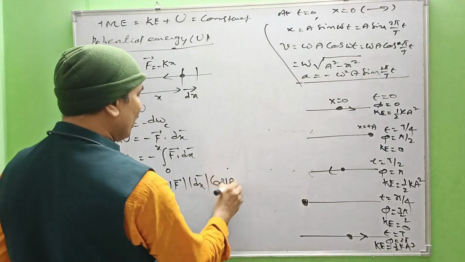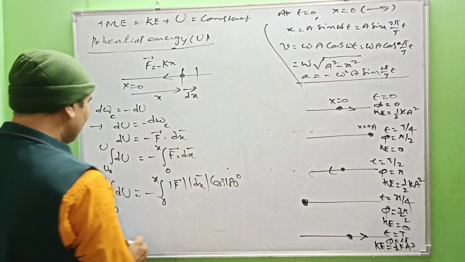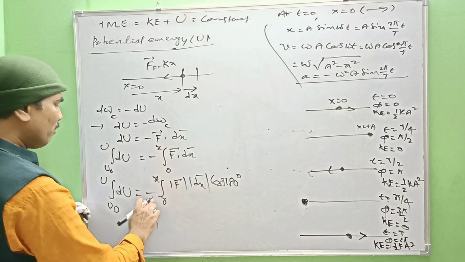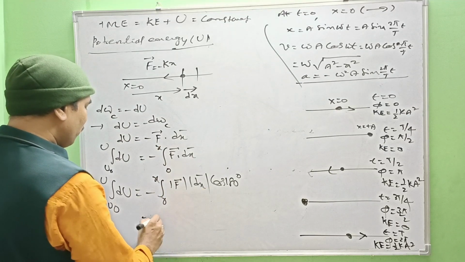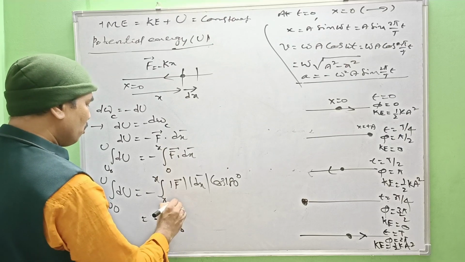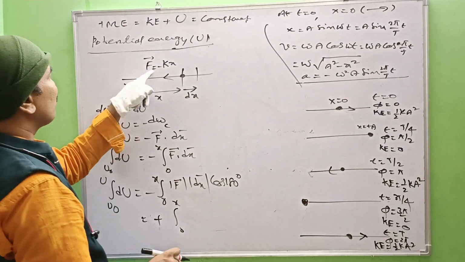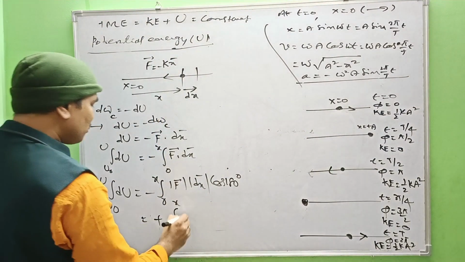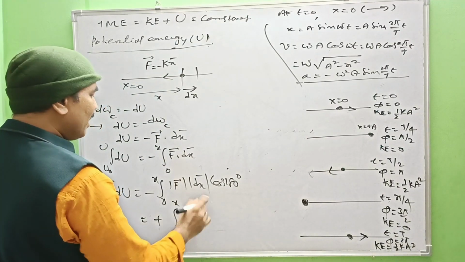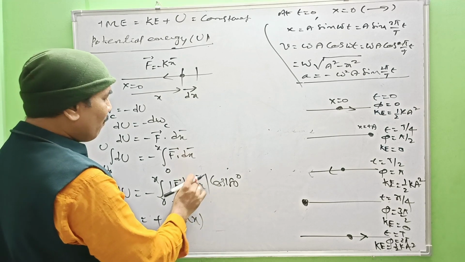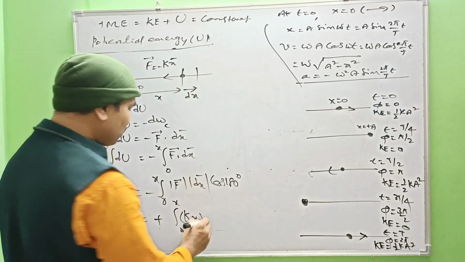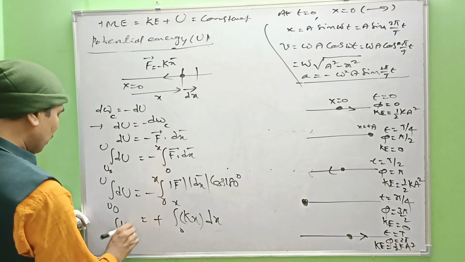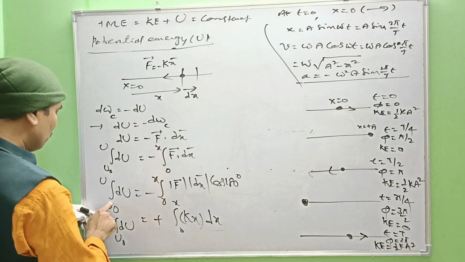That's why 180 degrees, cos 180 is minus 1, so minus into minus gives plus integral 0 to x mod F bar. What is F bar? Minus k x bar, and taking the modulus it becomes kx. So kx into integral dx, mod dx bar in the sense dx only. Here integral dU under limits U naught to U.